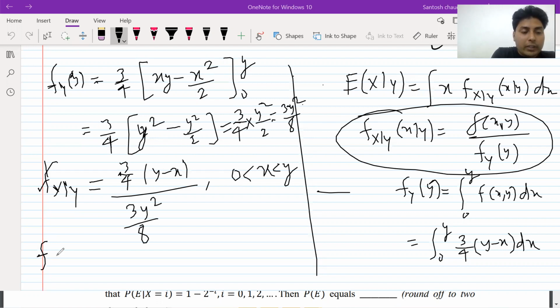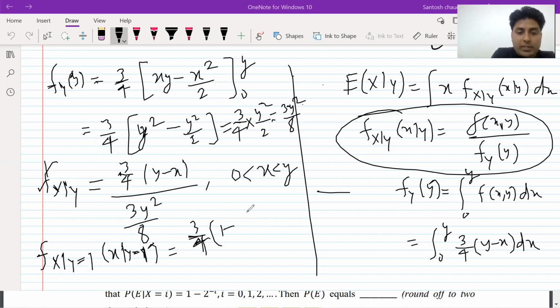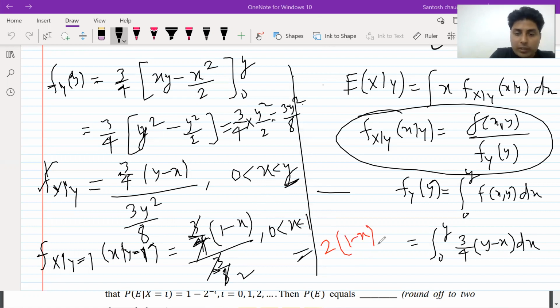But we wanted to find f of x given y is equal to 1, so put y is equal to 1. So 3 by 4 times (1 minus x) upon 3 by 8, and the limit of x will be 0 to 1, because y was given here. So 8 by 4, the 3s cancel. So finally we get 2 times (1 minus x), where x lies between 0 and 1.